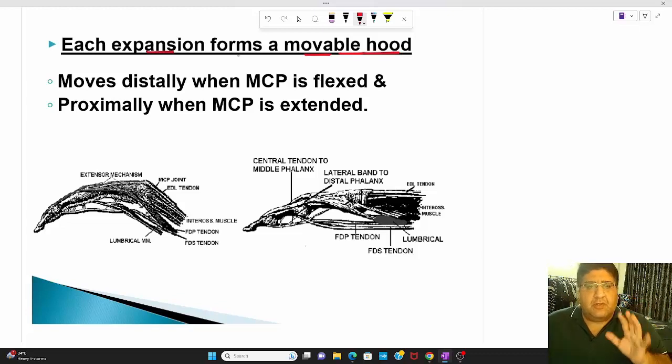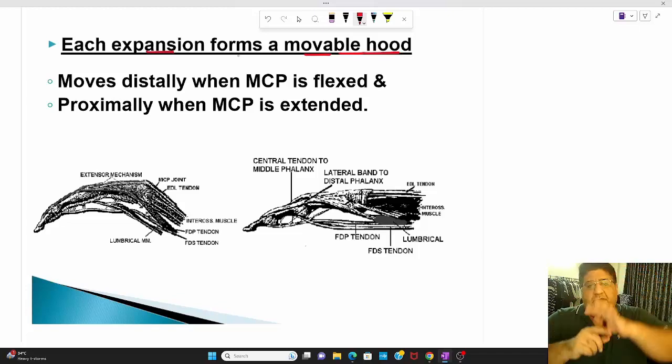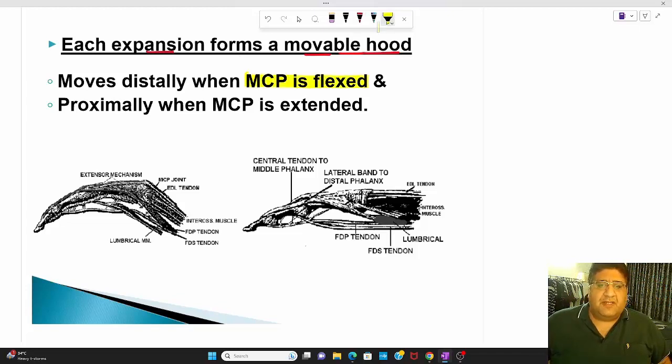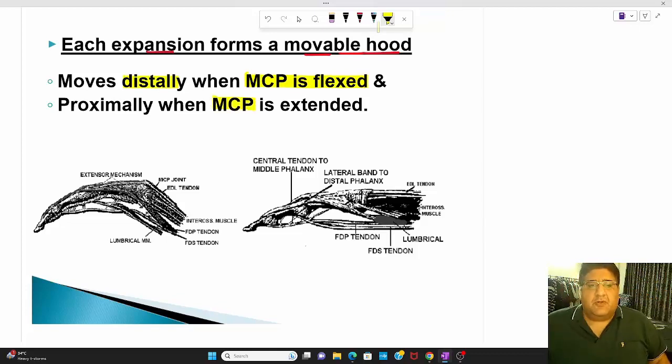Now you have to understand that when you flex your MP joint, the hood moves distally, but when you extend your MP joint, the hood moves proximally. So you have to remember this fact कि जैसे आप MP joint को flex करोगे, it will move distally. When you extend it, it will go back, so it will move proximally.